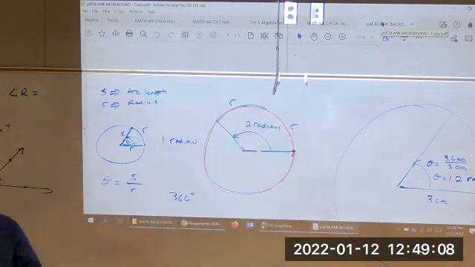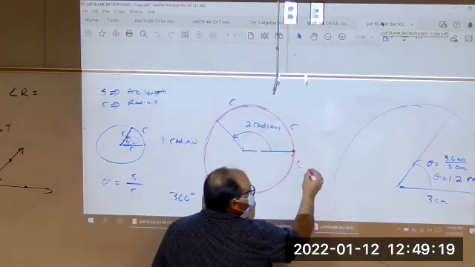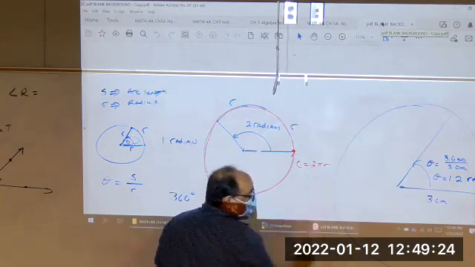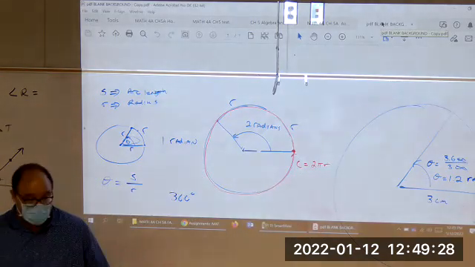Well, what is the circle? The circumference of the circle. The distance around, that's the circumference. Circumference is equal to 2 pi r.